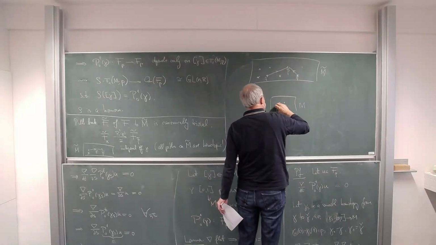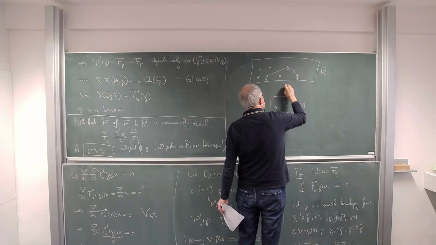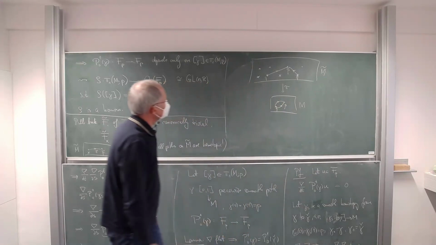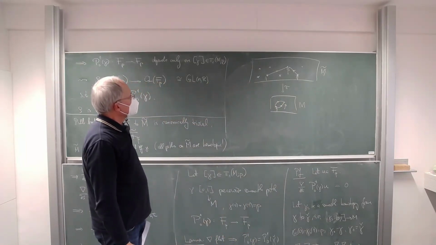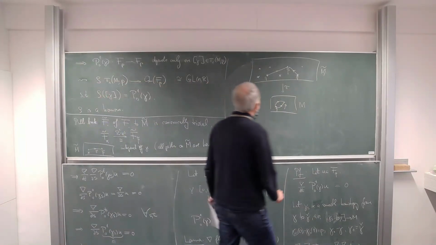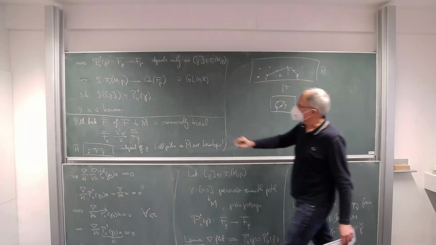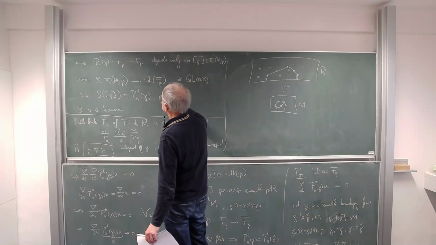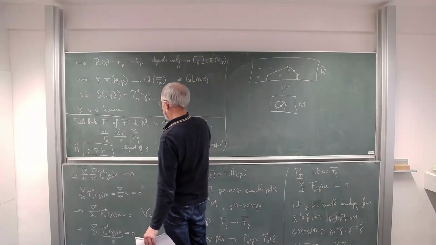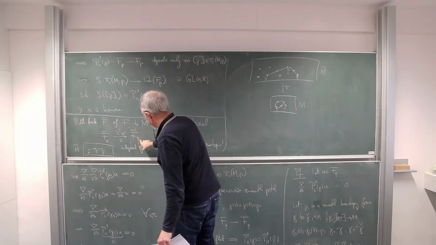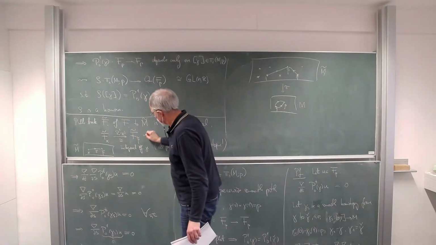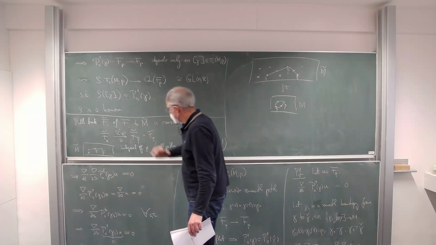This gives me two paths if I project down from q to p. And the fiber at p tilde, by definition of pullback bundle, is the same thing as fiber at p.